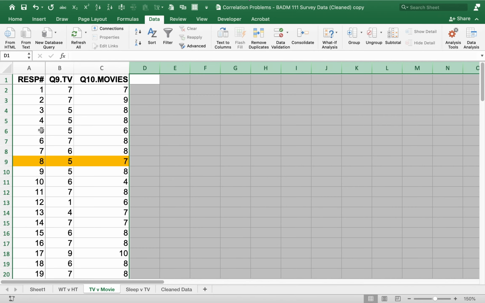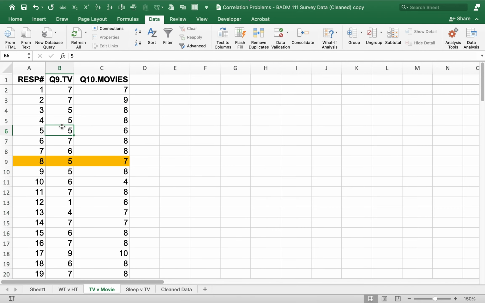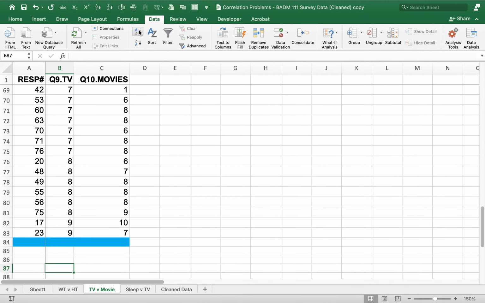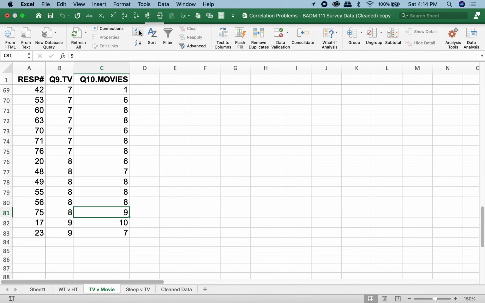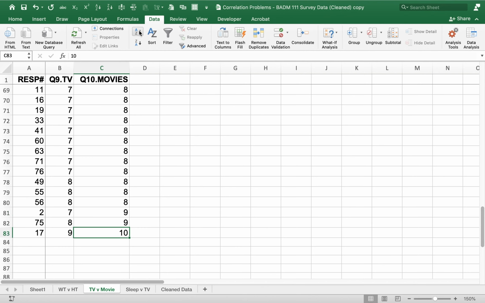These are ratings on a 10-point scale where 1 is terrible and 10 is awesome. We're going to do some sorting here just to make sure that there are TV ratings all the way down here. And we'll do the same then for the movie ratings. We'll sort that column as well. And we're good, actually.